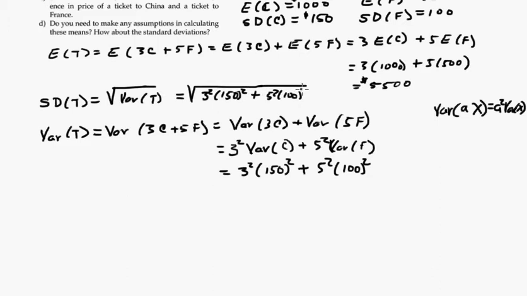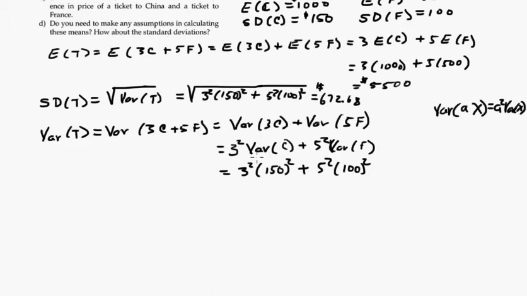So that's our variance, and our standard deviation is going to be the square root of that. And that comes out to be, I get 672.68.